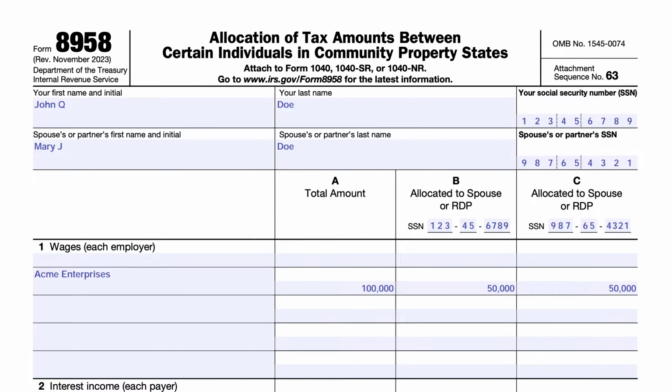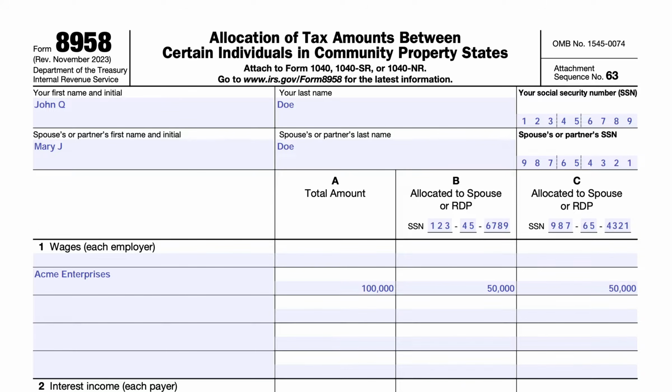And also, they have to be married filing separately, filing a separate return, because joint tax filers would simply put everything on one return. Or this form can be completed by people that are in a registered domestic partnership, or RDP.